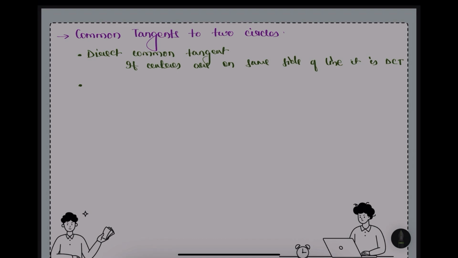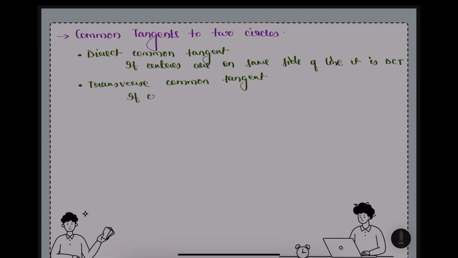Now we will have the transverse common tangent. So we will have two types of tangent: direct common tangent and transverse common tangent. So what is a transverse common tangent? It is the opposite of the previous one.